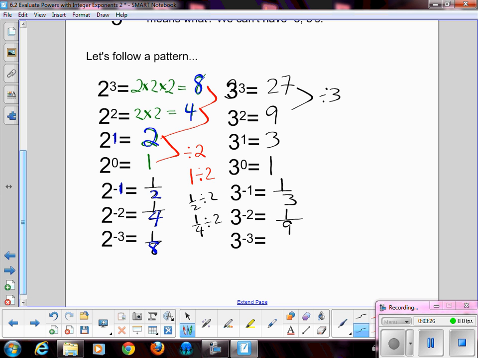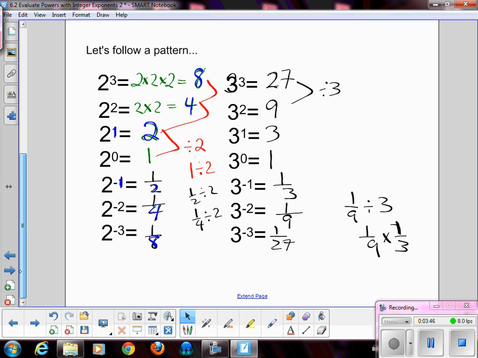And 1/9 divided by 3 is 1/27. So the same pattern happens. Notice the 27, 1/27, 9, 1/9, 3, 1/3. So it still occurs there as well.